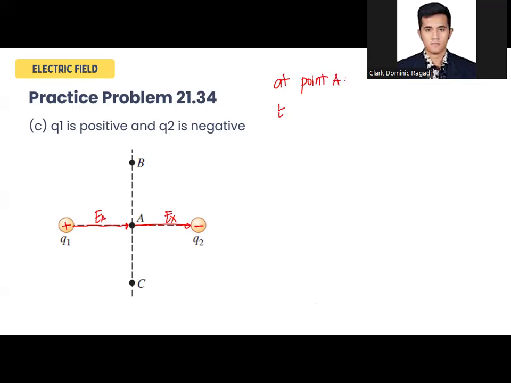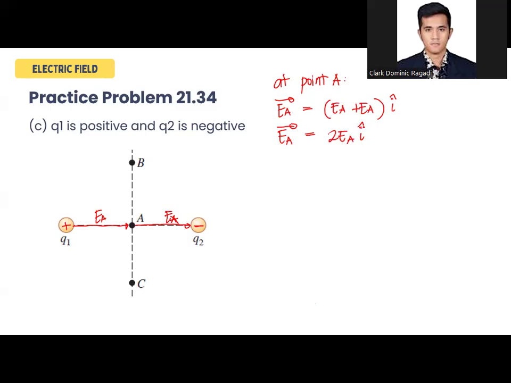So to solve at point A, the vector EA: if you look at them, EA on the side of Q1 is going to the right, and the same with EA on the side of Q2. That is why we have EA plus EA in the I hat direction. There's no y component. So the vector EA is equivalent to 2EA I hat.